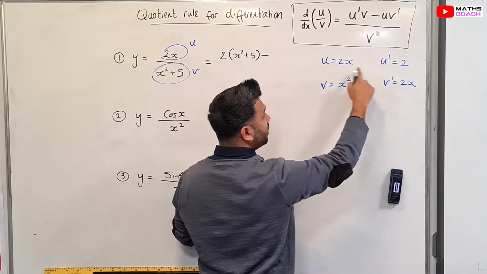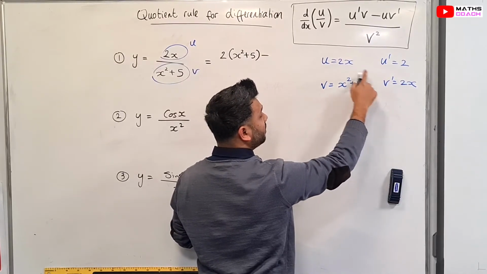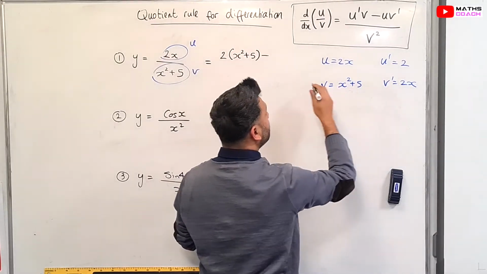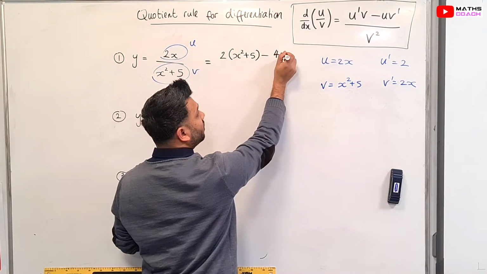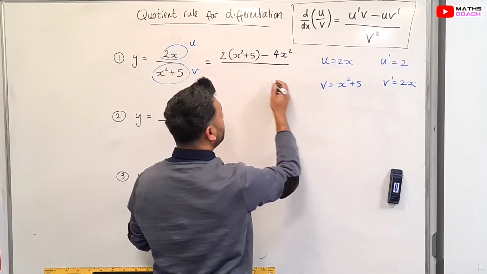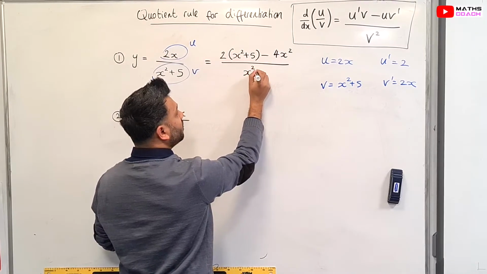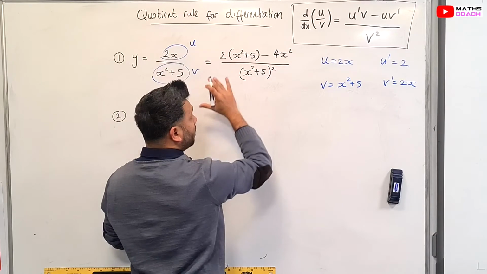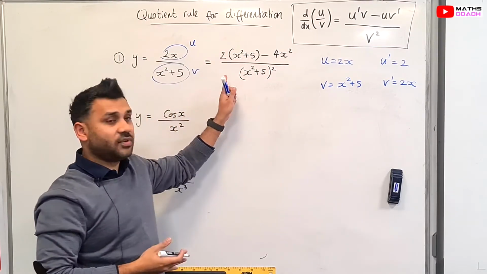You can see here that we can simplify just by multiplying them directly. So 2x times 2x gives us 4x squared, all over v squared, and that's our v, so this is x squared plus 5, all squared. We have a version of the answer.